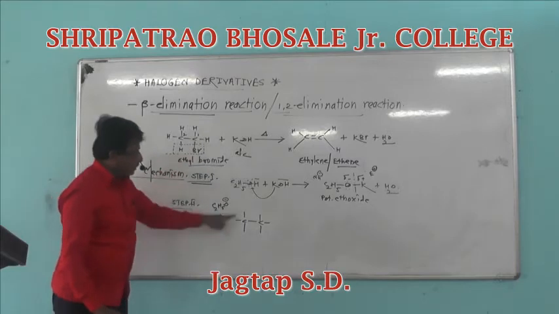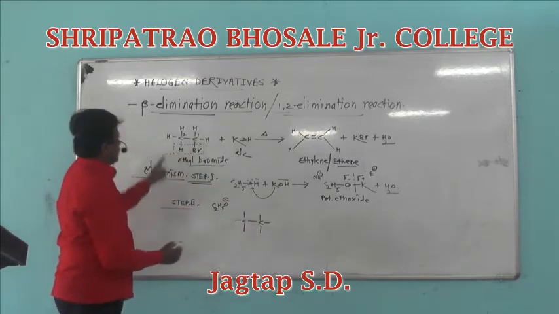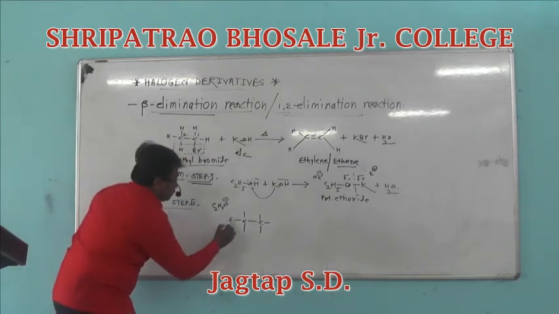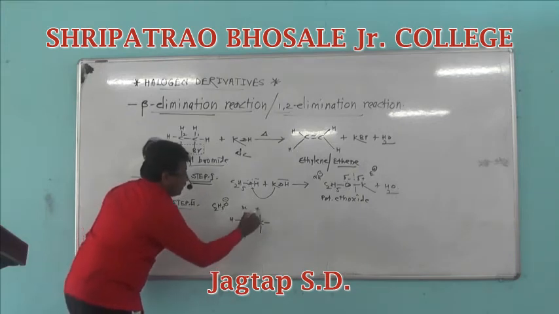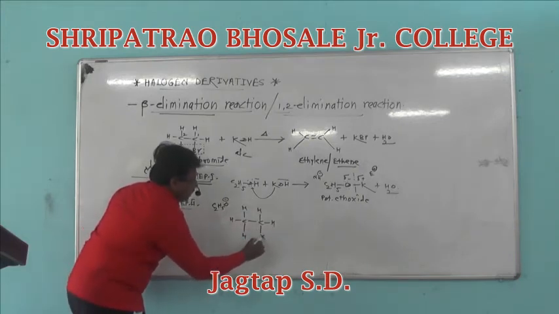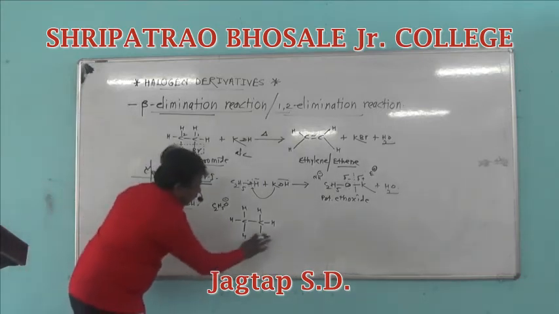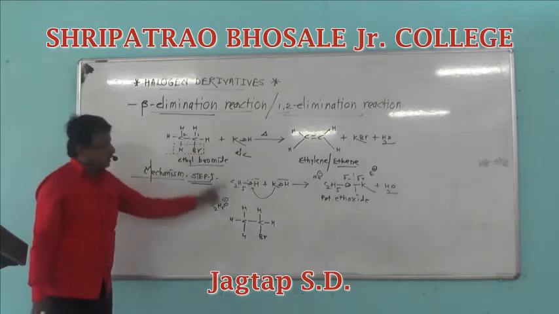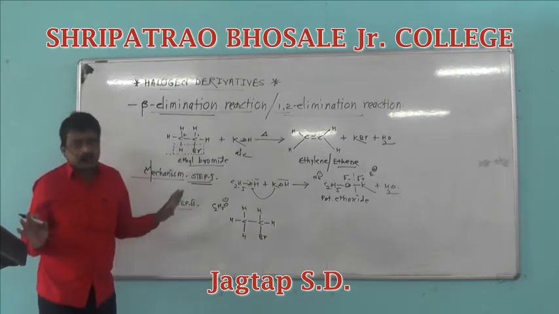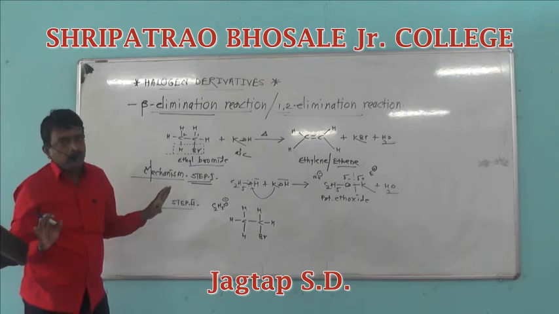It contains two carbons, then 5 hydrogens, 1, 2, 3, 4, 5, and only one halogen atom. Here the halogen atom is bromine, Br. The starting material is ethyl bromide, as it is.